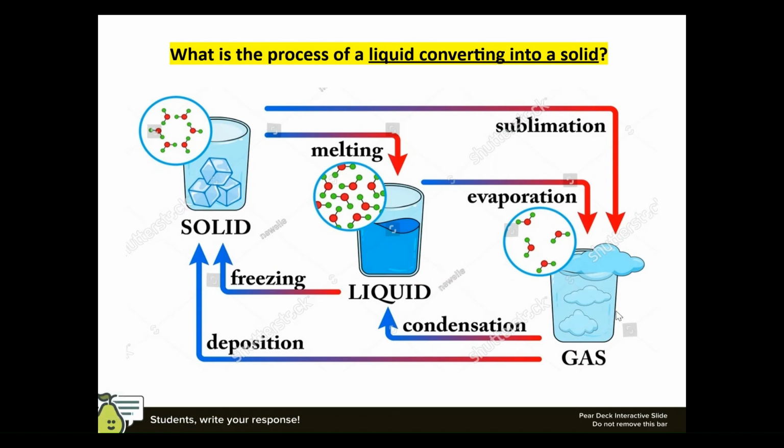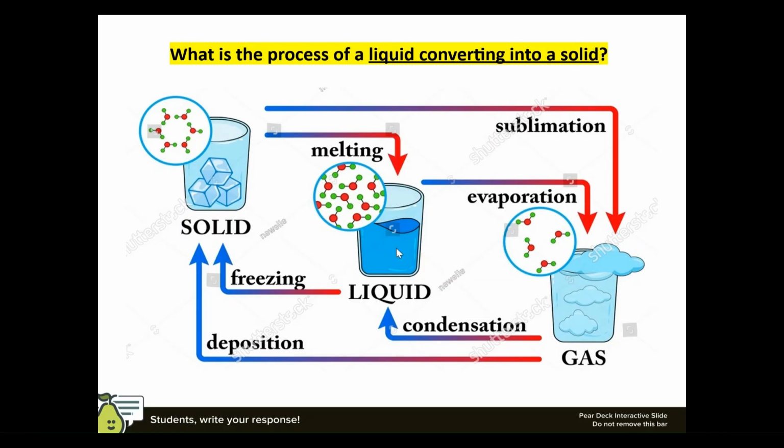But if you get a gas and you cool it, not a lot, but just slightly, you get something called condensation, where you take something that's originally hot, like gas, and you do a temperature change where you cool it down, and it becomes a liquid.